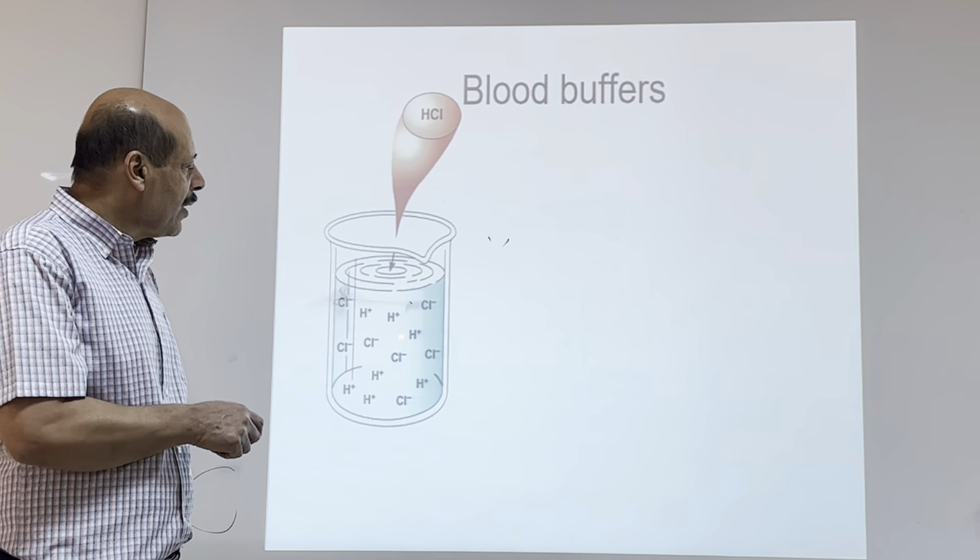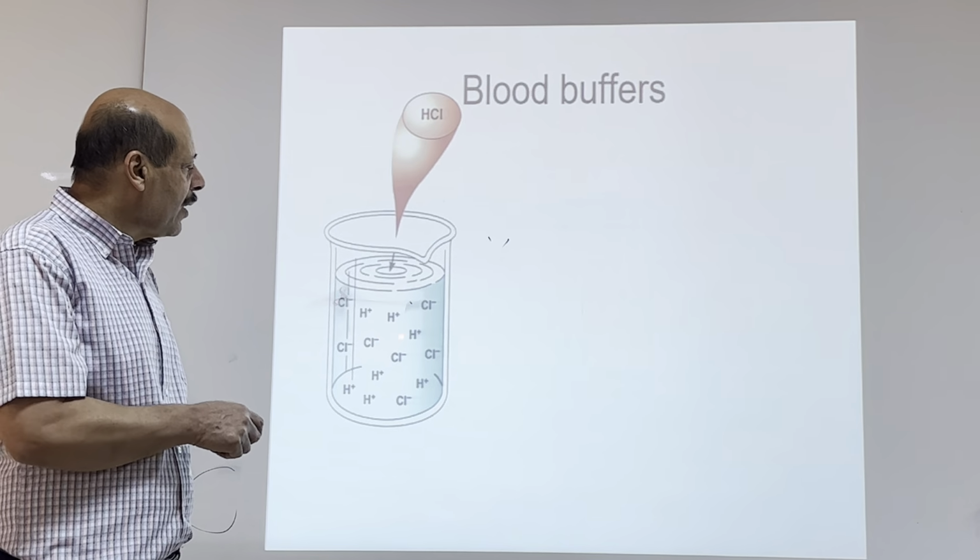This is a strong acid, and the pH in this case will go down, so acidosis will be there.